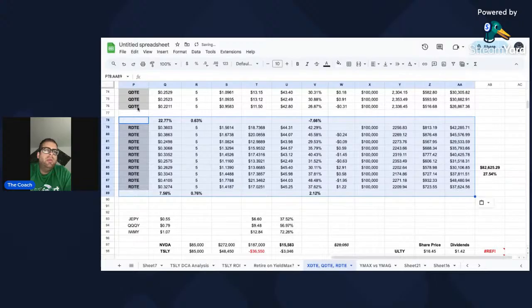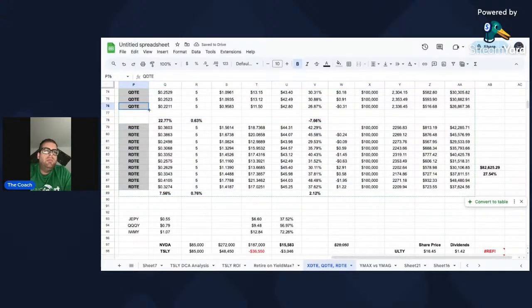Okay, so over here, we're going to take QDTE. We are going to take our dividend for QDTE, which was, again, what was it again? Drum roll, 0.235937. So 0.235937 over here. And then we're going to make this into a percentage, right? Because it's a percent. What am I doing?